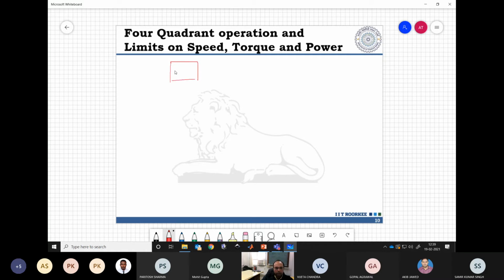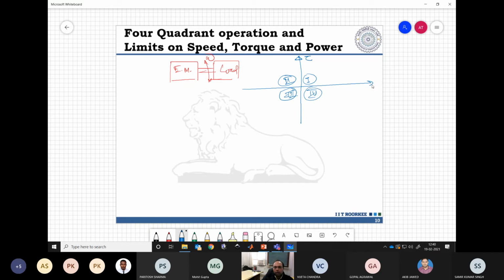So we have the electrical motor feeding the load, where omega is the rotational speed, which can be either positive or negative, and also our torque. Based on this, we define in which zone our motor or system is operating. Let us say I divide this into 4 quadrants.